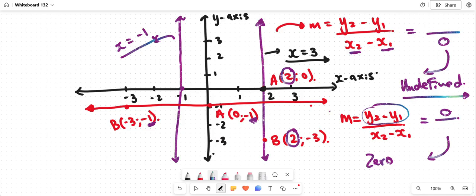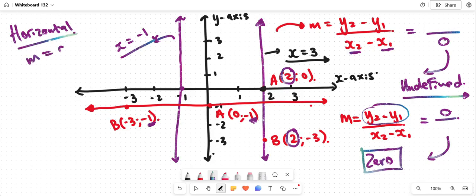So what does this mean? For horizontal lines, the gradient is 0. Right? So maybe let me make a conclusion here. For horizontal lines, the gradient is 0.